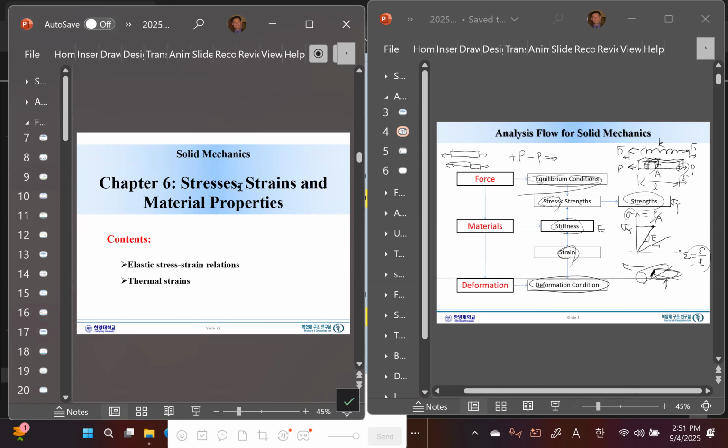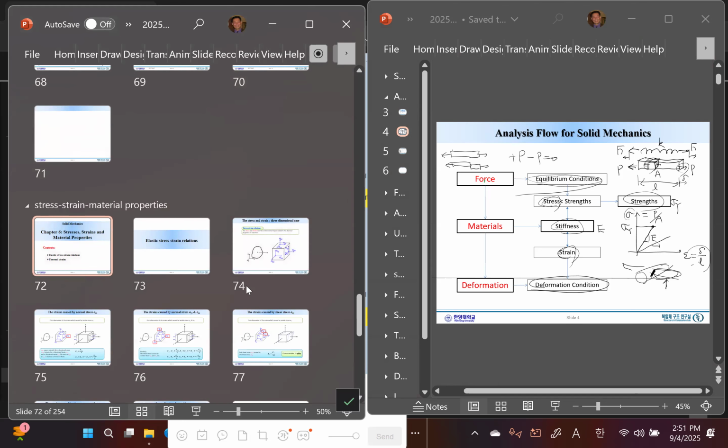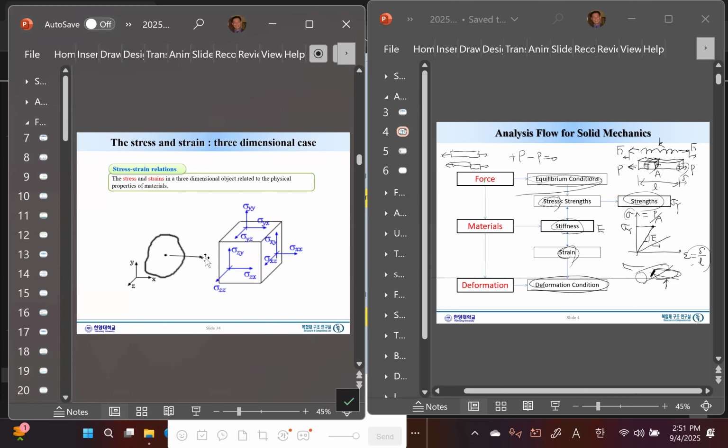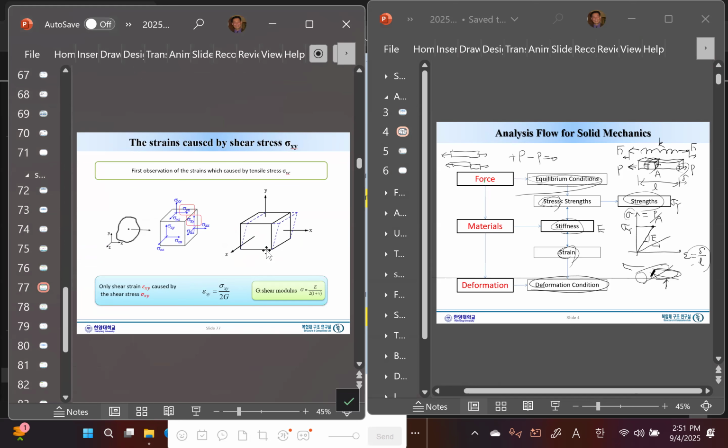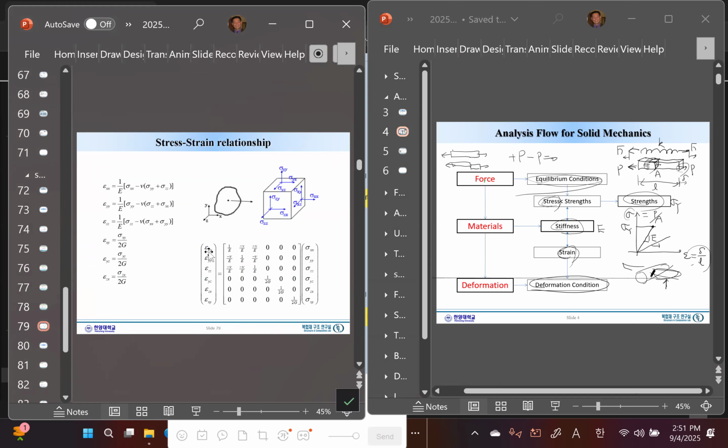That's why we need the concept of stress and strain and material property in a 3D body. So inside the material, we have stresses and all the deformation. Imagine this body is deformed and something is going on. How can we connect the concept of force and deformation?